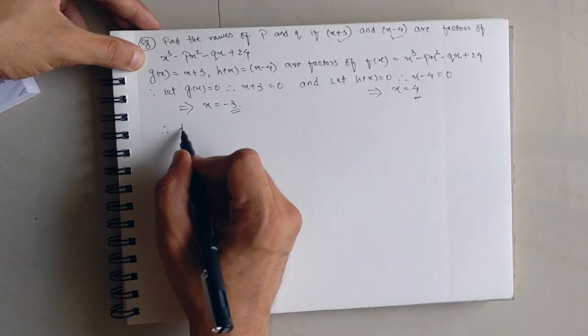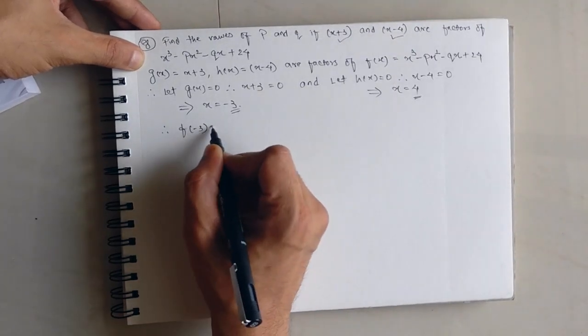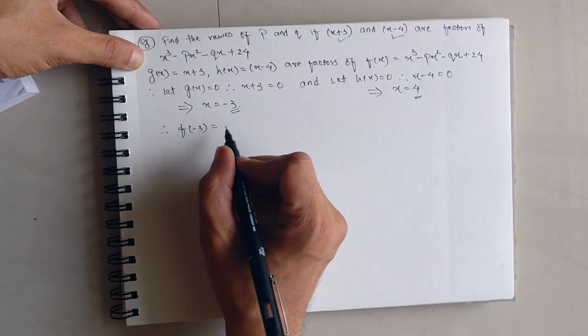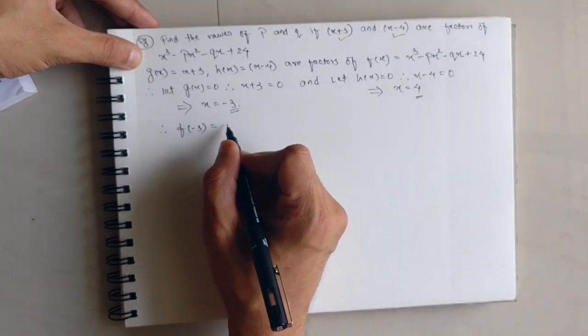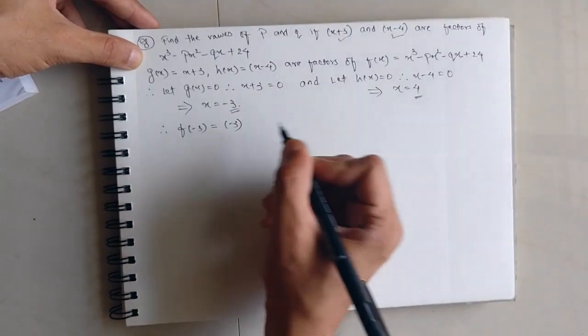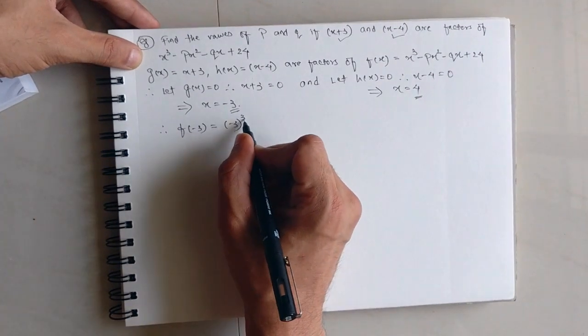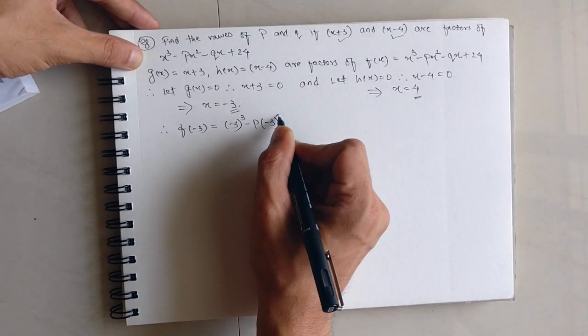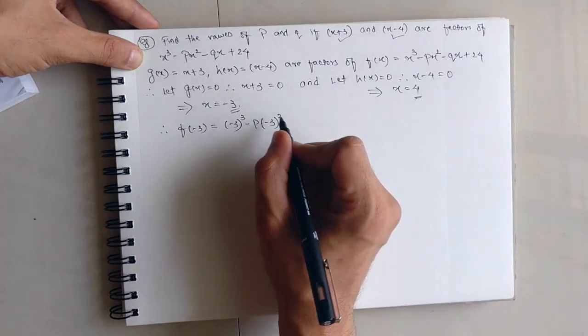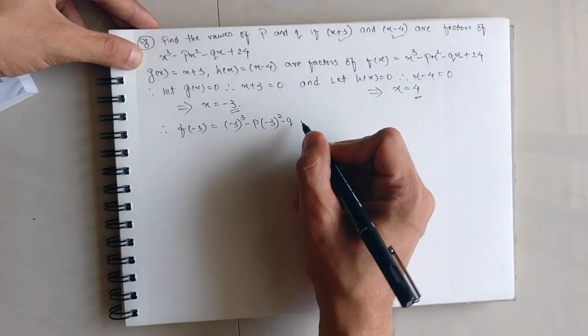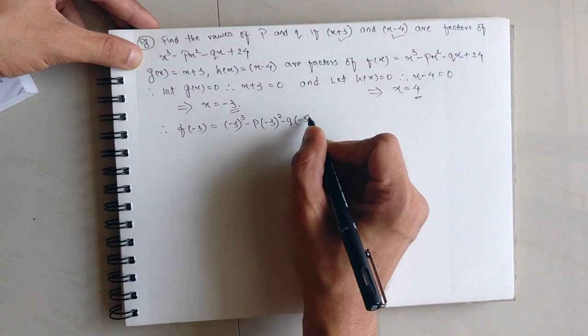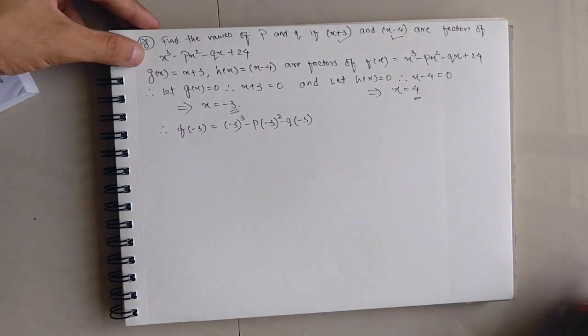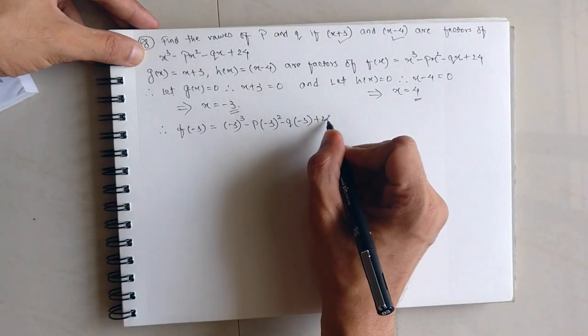Therefore f of minus 3 is equal to x cube. So wherever there is x, we have to put minus 3. Minus 3 cube minus p bracket minus 3 the whole square minus q bracket minus 3 plus 24.